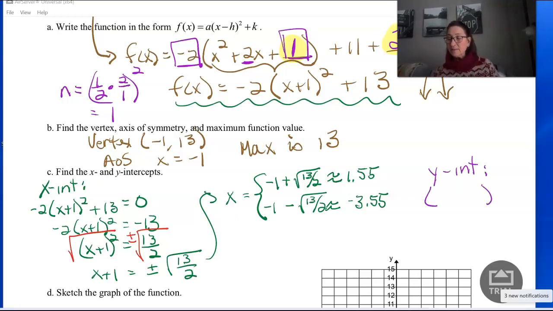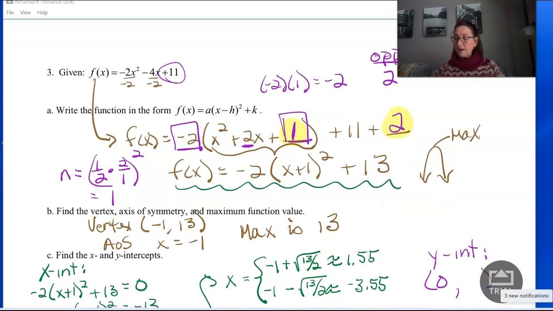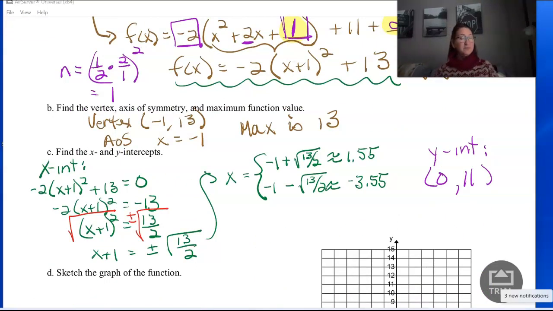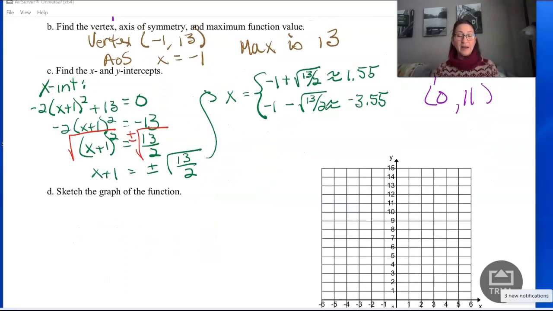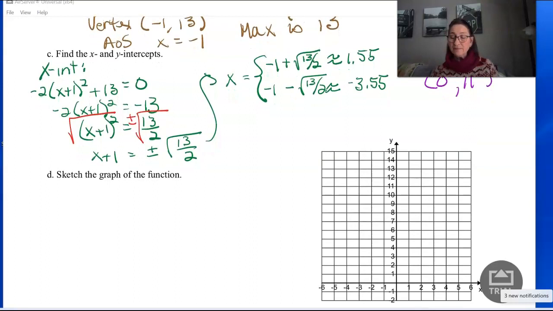All right. My next piece of information that I want is my y-intercept. That is just my c value, and that is 11. And so (0, 11) is my y-intercept. So I can quickly graph these. I always like to start with my vertex, (-1, 13), right about there. My two x-intercepts, I've got 1.55, so that's about 1.5, and then negative, about 3.5.